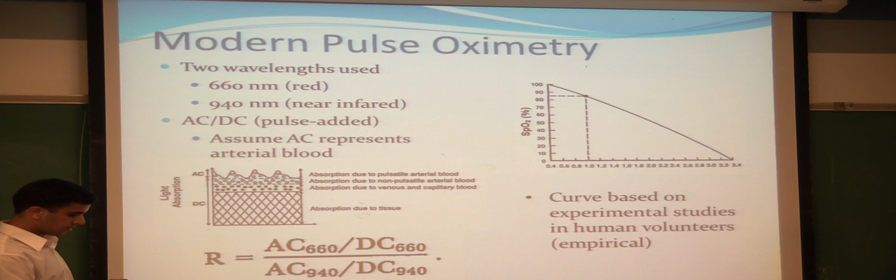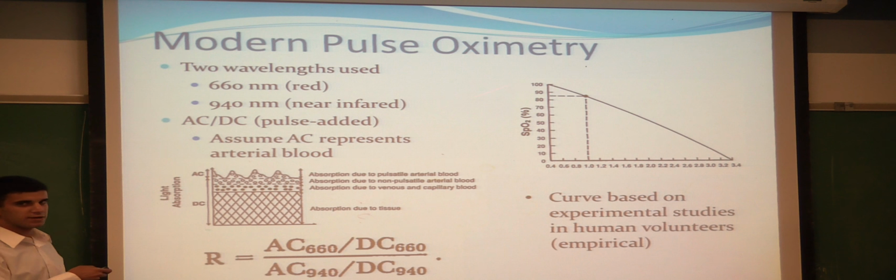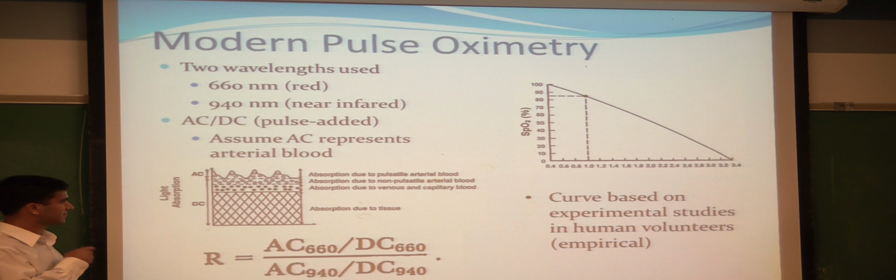To filter out noise, they look at the DC and AC signal. The AC is due to the pulse output from the arteries, so it's going to vary over time, while the venous flow and blood absorption due to tissue is going to stay constant.